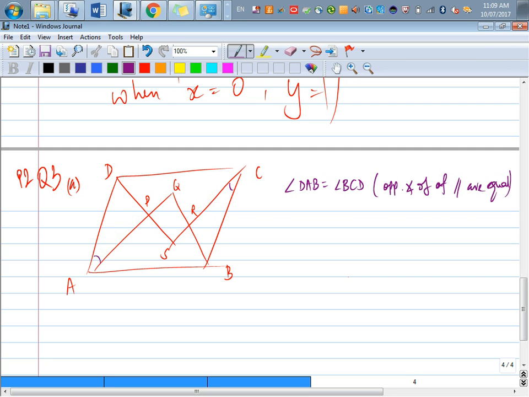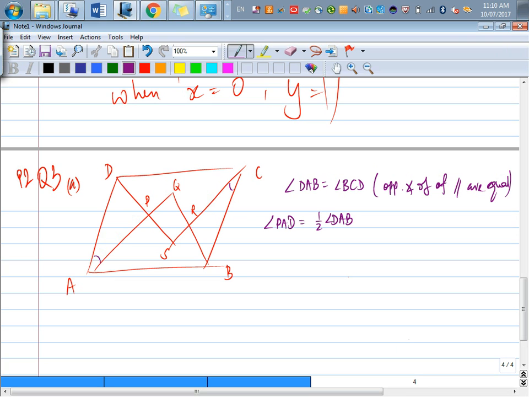So now the opposite sides are equal. Then we are going to have to make use of the information given. APQ is a straight line that bisects angle A. So we have angle PAD equals to half of angle DAB. This was given in the question.